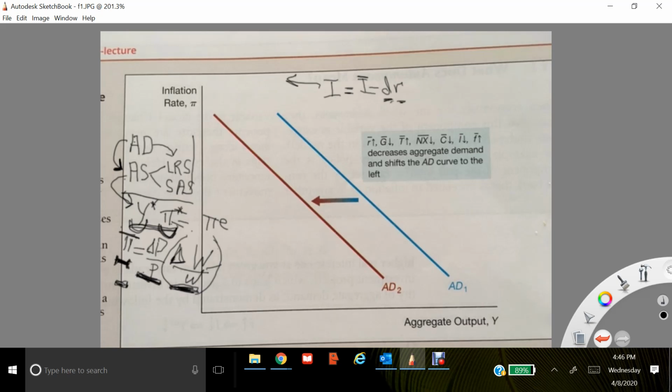The lower the rate of interest that a business has to pay on borrowing money to build a factory, the easier it is for them to make a profit. So this is one of the huge equations in macroeconomics.